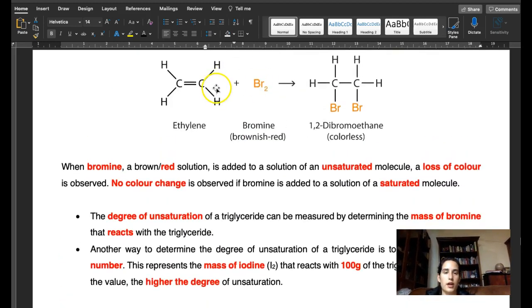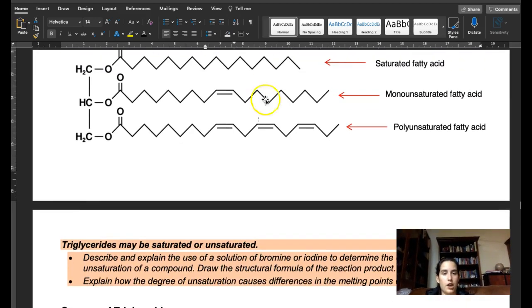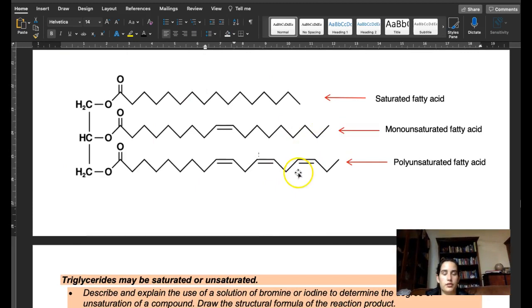If we have to react a lot of bromine to this in order for it to go colorless, or add a lot of bromine to whatever fatty acid we're talking about, that would tell us that we've got a lot of double bonds in our fatty acid. So again, let me repeat. If we have to add a lot of bromine into our structure, that would tell me I've got a lot of double bonds.